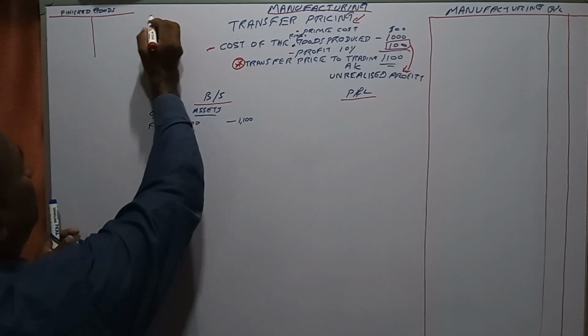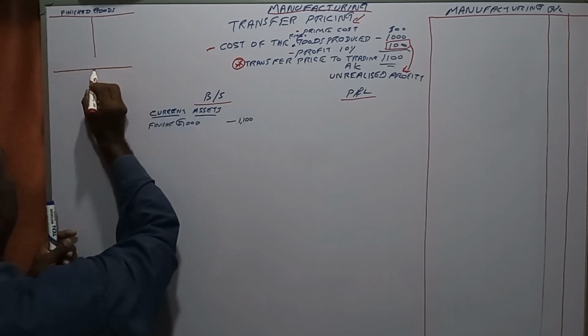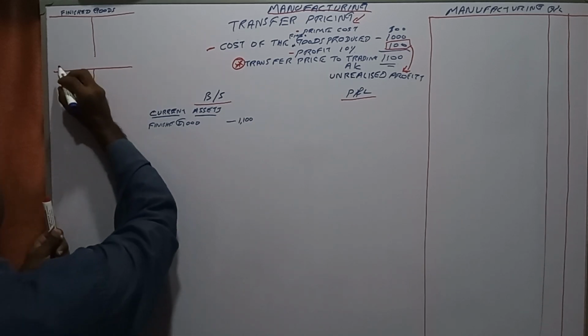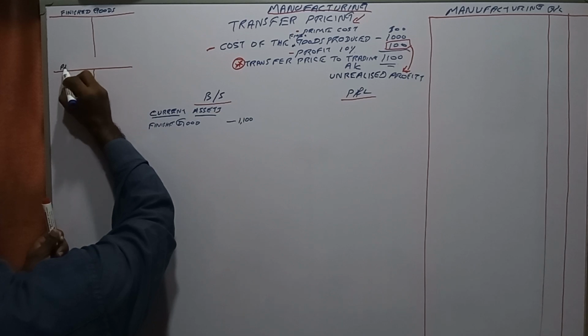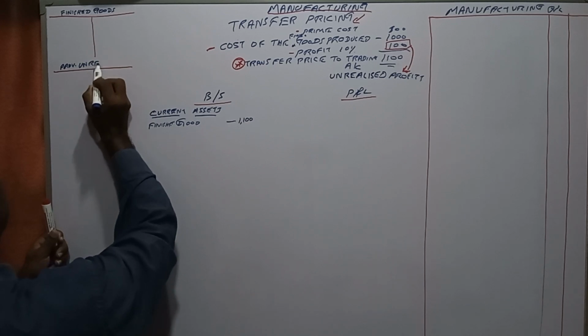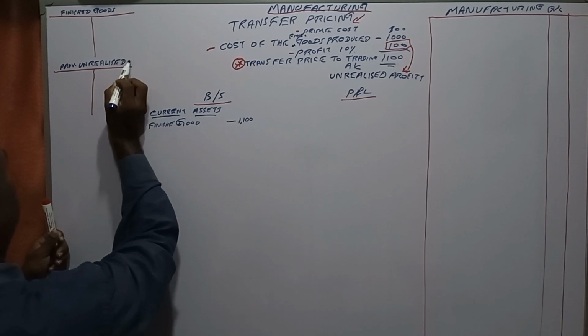Here you will open an account called provision for unrealized profits.